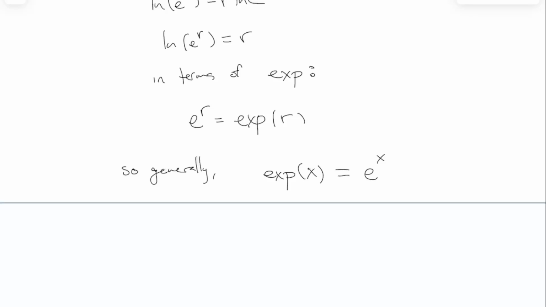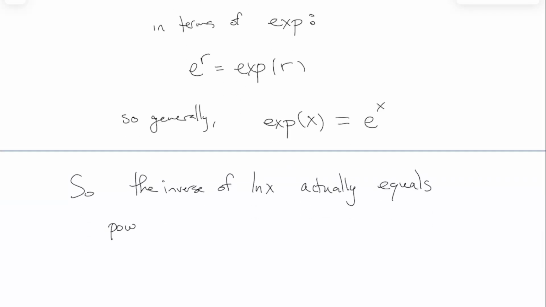So what this means is the inverse of ln x actually equals powers of the number e. There was no obvious reason why that should be true, but it turns out to be true because of all that stuff that I just said.